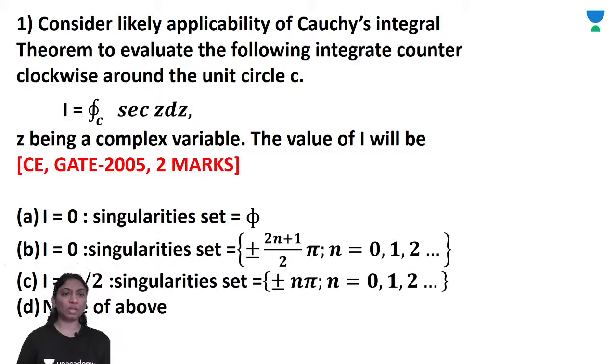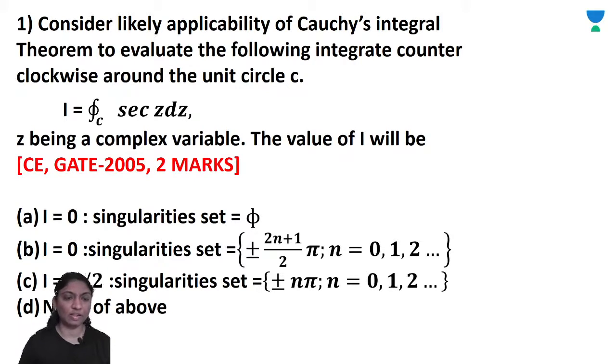Consider a likely applicability of Cauchy's integral theorem to evaluate the following integral counterclockwise around the unit circle C. I is equal to the closed integral over C of sec z dz, z being a complex variable.